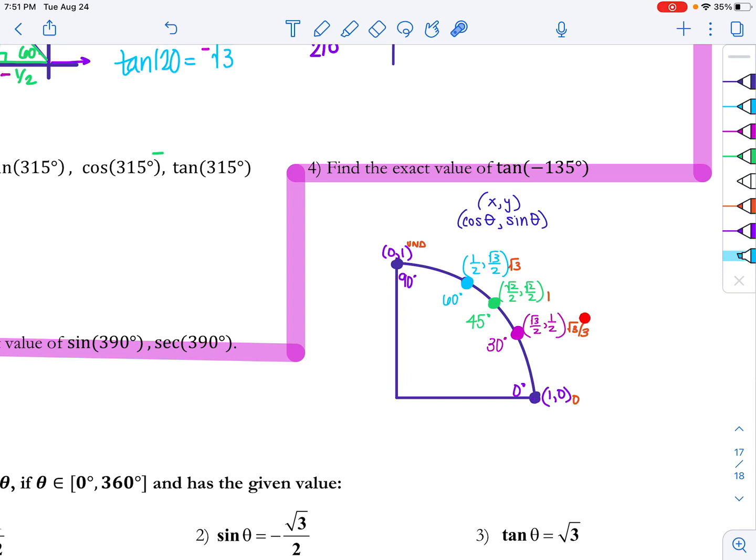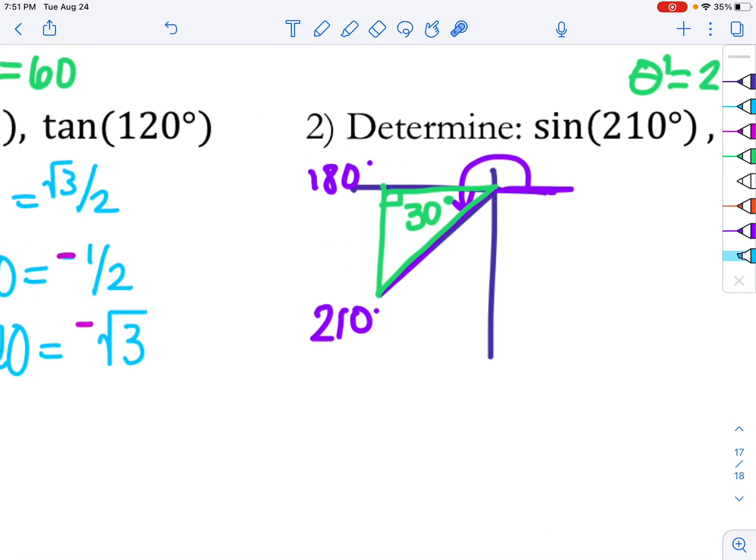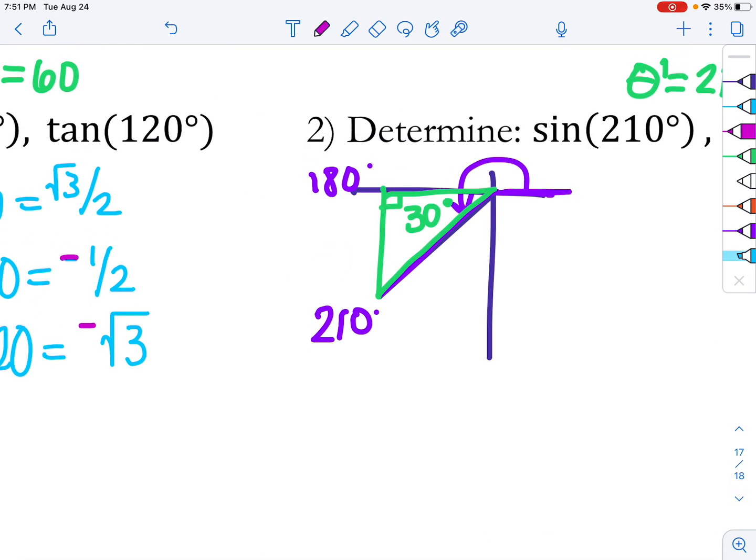Cosine, sine, tangent. These values are going to duplicate in the second, third, and fourth quadrants. And the only thing that's going to change is whether or not the values are positive or negative, right? So we're going to take these same values and put them in the third quadrant. The values are for a 30-degree reference angle.